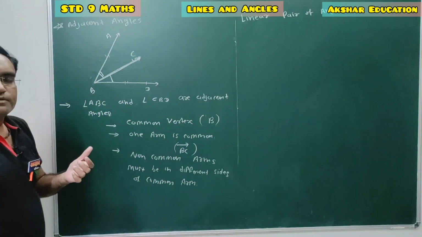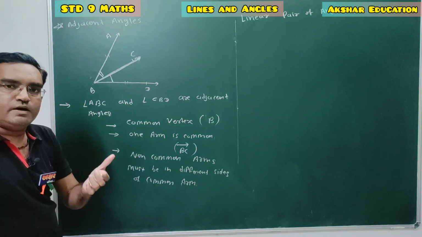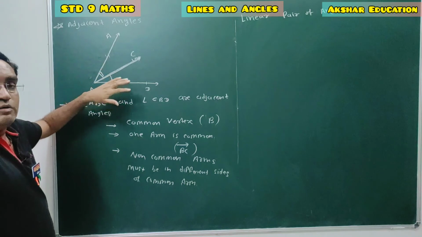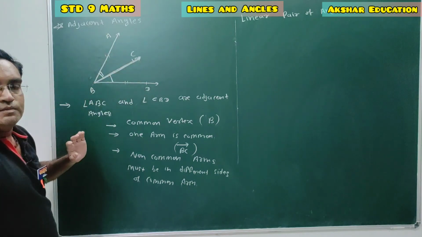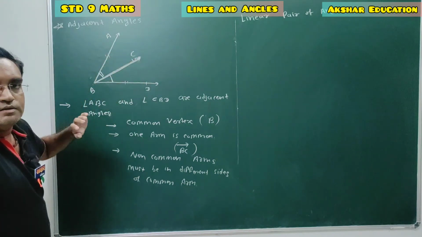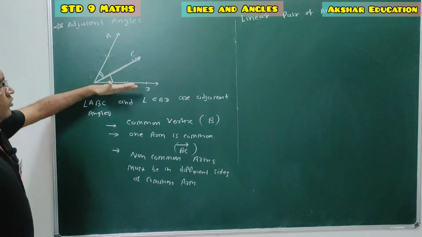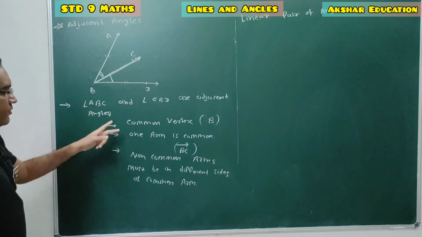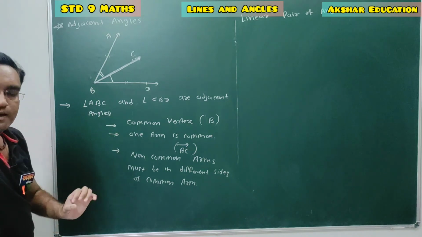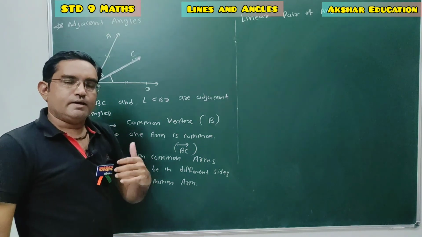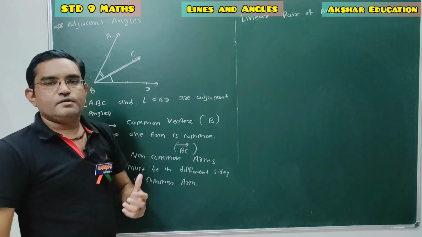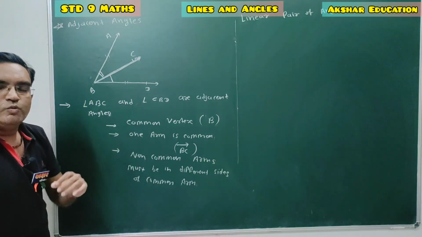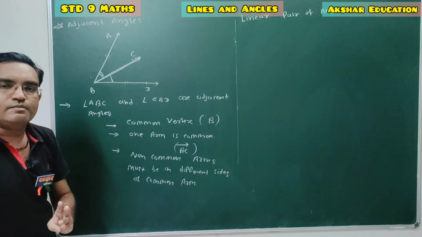For any angles to be adjacent angles, one arm must be common and the remaining non-common arms are on the different sides of this common arm. Right? They should not be on one side of the common arm. These two non-common arms are on different sides of the common arm, one above and one below. So if these three conditions are fulfilled, then we can say that the given pair of angles is adjacent angles. Clear? For any given pair of angles to be adjacent angles, three conditions must be there.